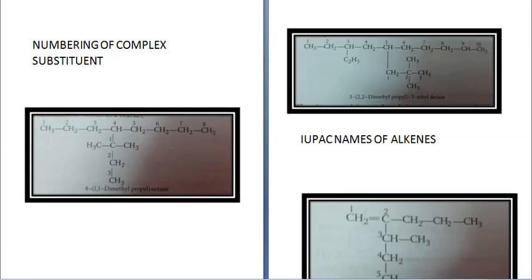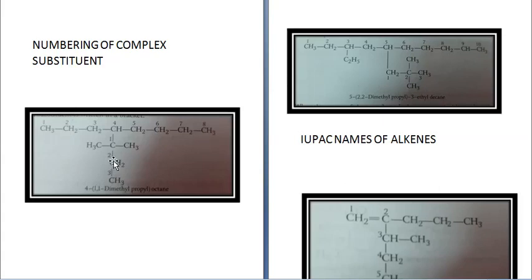The name of the complex substituent is written in brackets. See this, it is not a simple side chain. So the carbon attached to the parent chain will be given number 1, this will be given 2, this will be given 3, and these will be considered as its side chains.